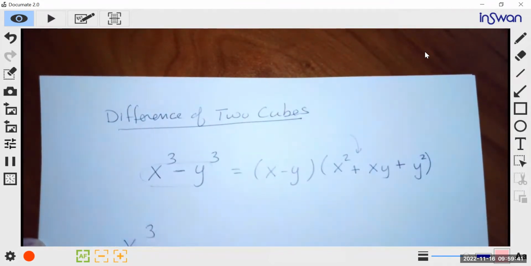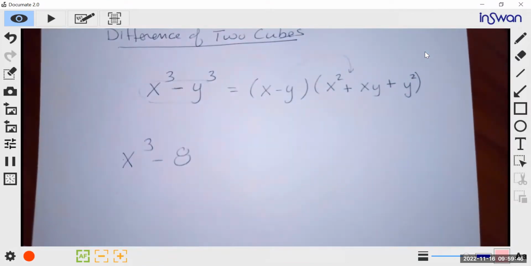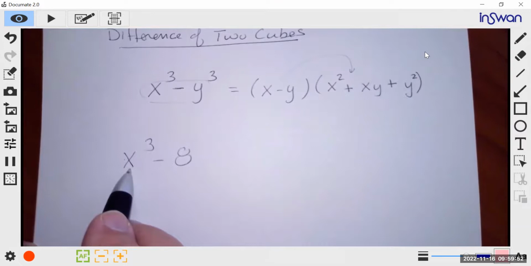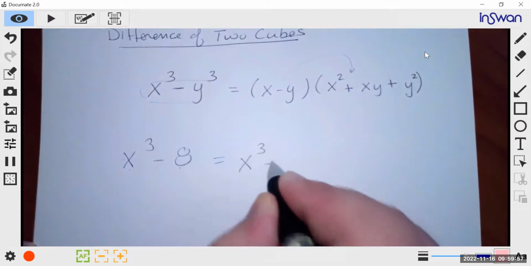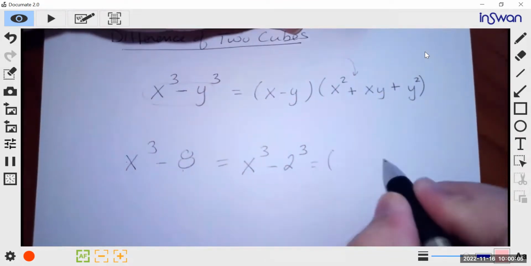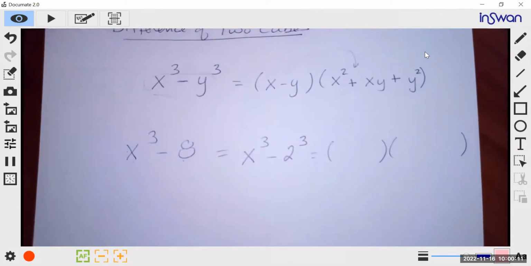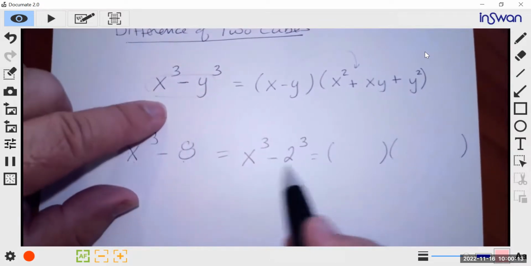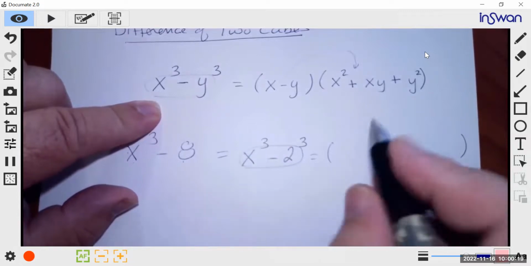Here's an example. X cubed minus 8. Is this one cubed? Yes. Is 8 a cubed number? It's 2 cubed. 2 times 2 times 2. According to this formula, in the first parenthesis, you put whatever's under the cubes.